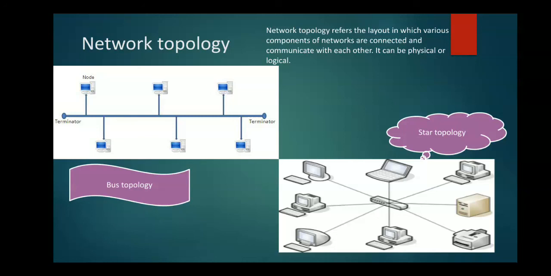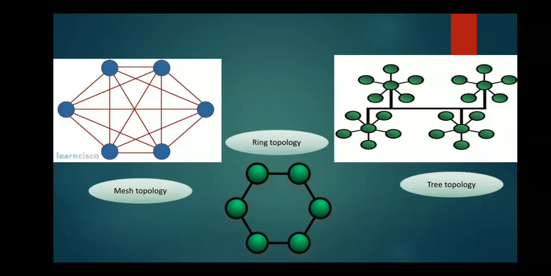But if the hub is disturbed, then the entire network will stop. Now the mesh topology. In mesh topology, all the computers are connected with every other computer. Every node not only sends its own signals but also relays data from the other nodes.